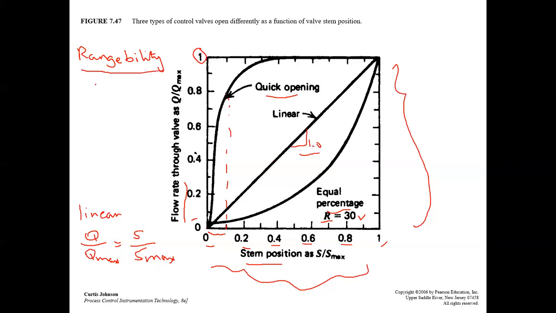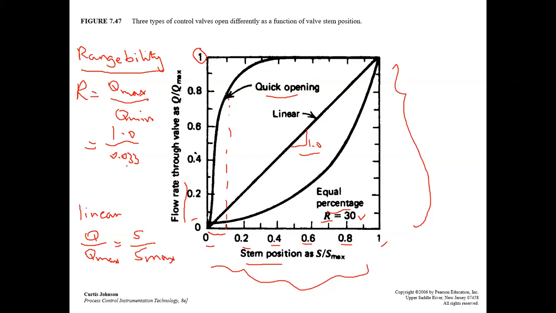R is equal to Q max over Q minimum. Using this curve, Q max is 1, divided by Q minimum, which is around 0.03.